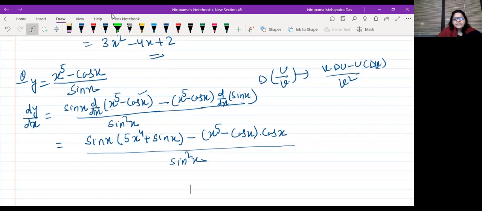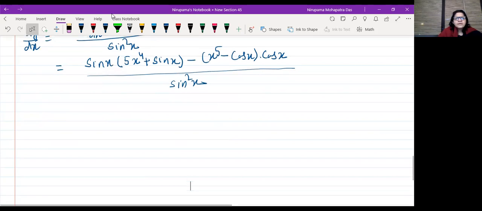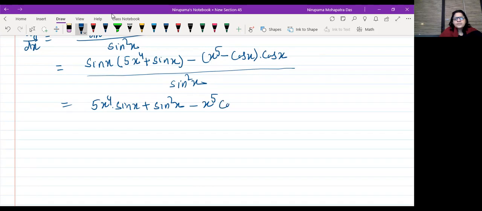Then I think you can simplify this. We don't have any cancellation. We can have 5 x to the power 4 into sin x plus sin square x, minus x to the power 5 into cos x plus cos square x, over sin square x.